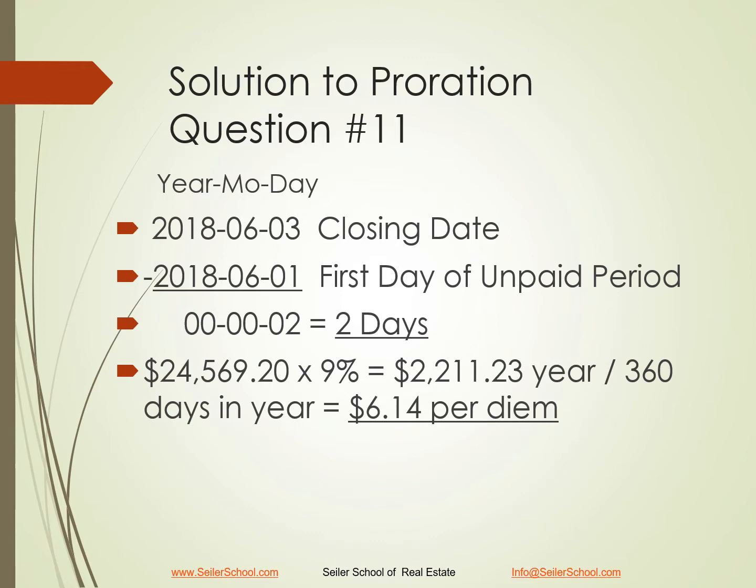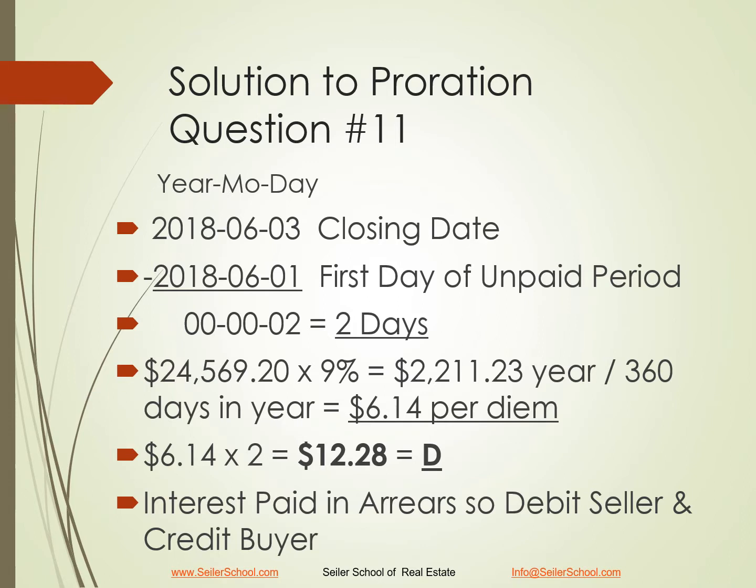We end up with $6.14 per day. $6.14 per day times 2 days is $12.28. Since it's paid in arrears and the buyer's taken over the loan, it has to be a debit to the seller and it would be a credit to the buyer.